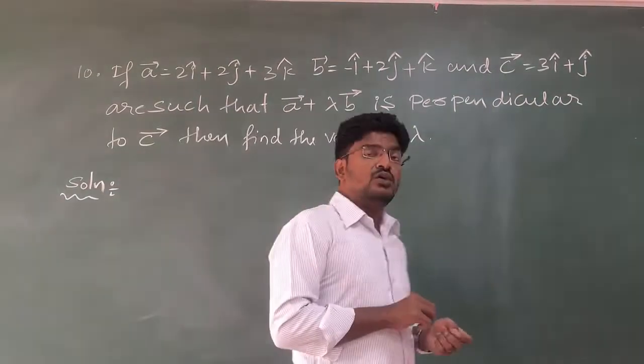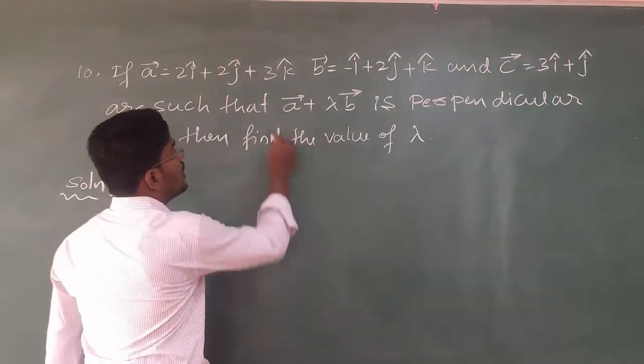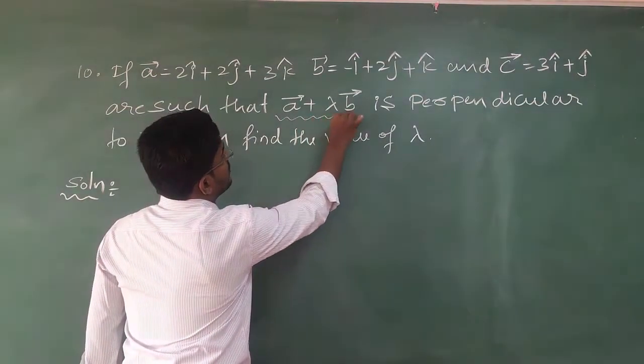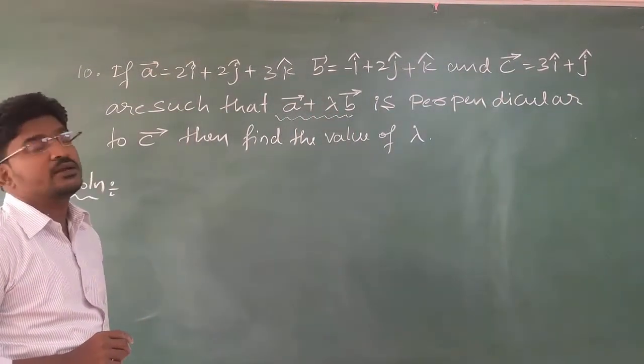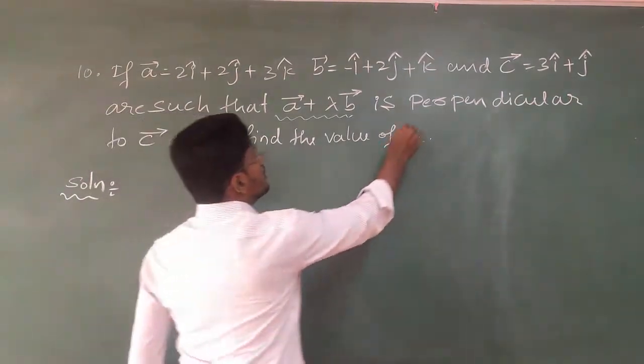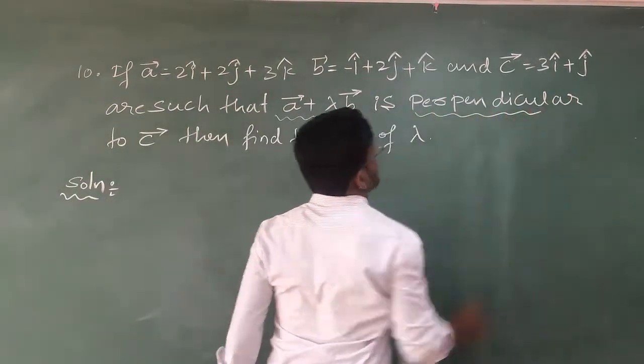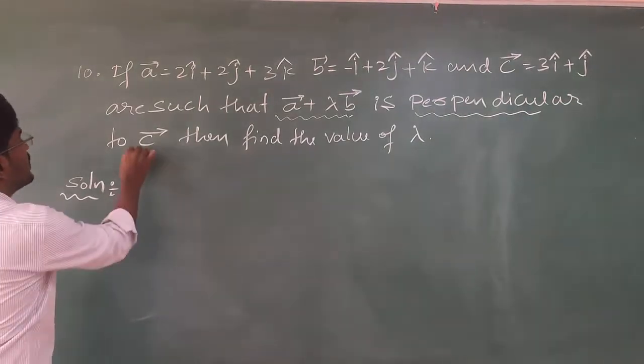So here you have to concentrate on vector A plus lambda times vector B being perpendicular to vector C.